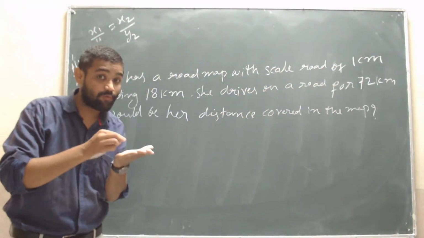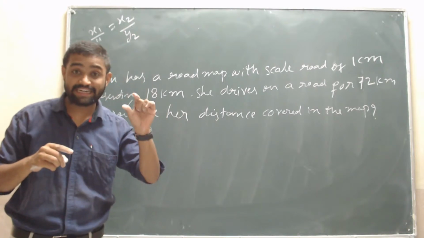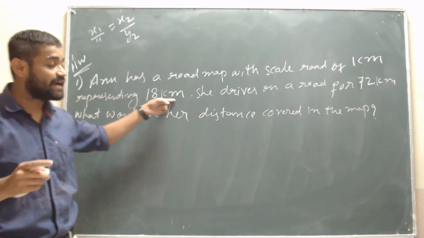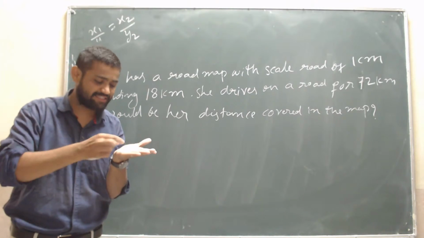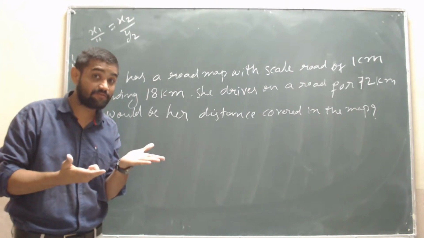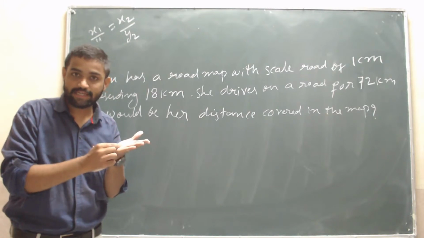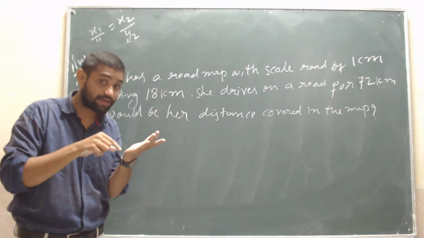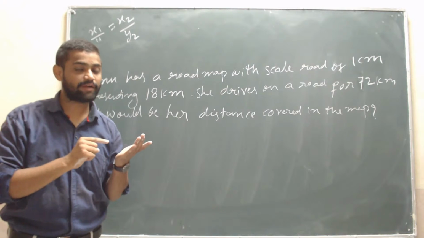In the map, 1 centimeter shows us 18 kilometers when we travel.